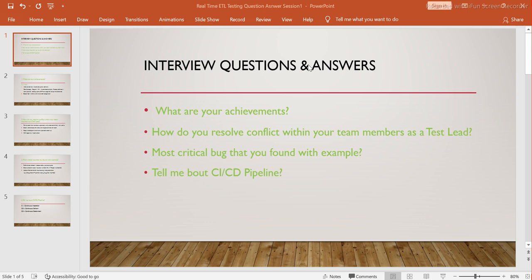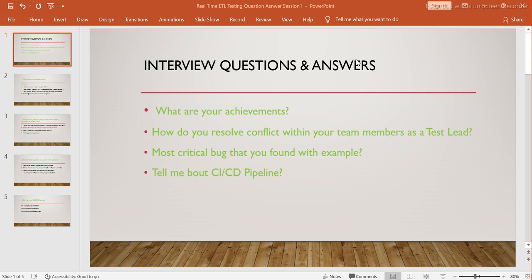Because these are related to behavioral aspects, and they want to check basically how good you are in your communication skill and how your presence of mind works, right? So all those things they want to check by asking this kind of questions, because sometimes they are open-ended questions that do not have a very fixed content that you can cover as part of answering, right?